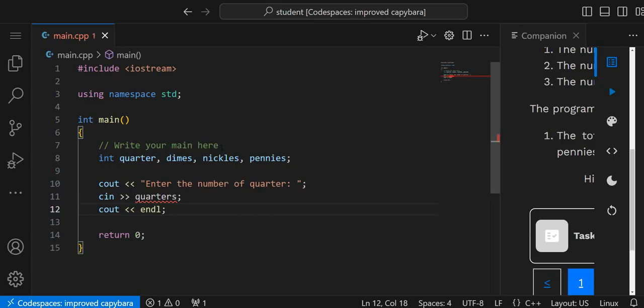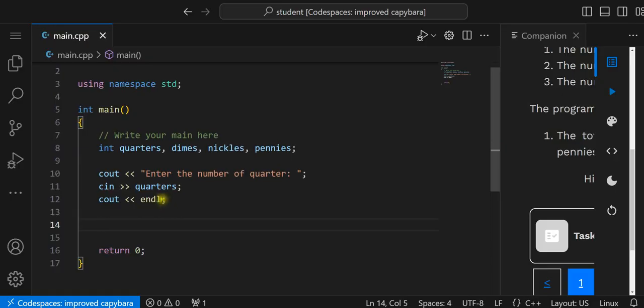Quarters, right? Got the S. That's correct. So there we go. All right, so now we're definitely going to copy and paste these because they're very similar. We'll do them one at a time so you can see what I'm doing.